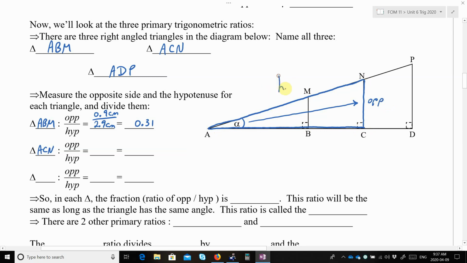And the hypotenuse is up here, because here is the 90 degrees and across from the 90 is the hypotenuse. So if you measure these with a ruler, you get 1.4 centimeters divided by the hypotenuse, which ends up being 4.5 centimeters, and if we round to 2 decimal places, you get 0.31 again.